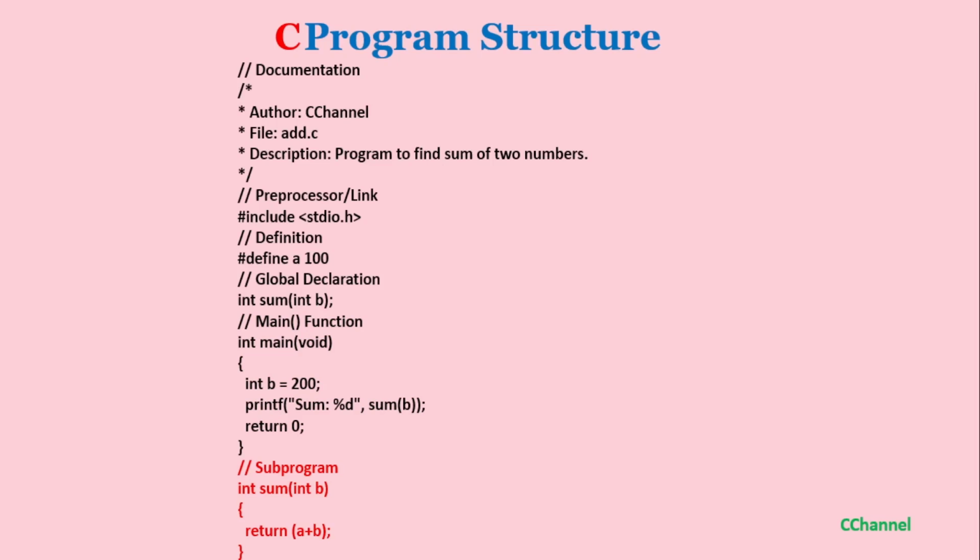Here our subprogram returns a plus b. A means whenever a is used in the program, it replaces with 100. 100 plus 200, it returns 300, and control returns to the main function and prints the 300. After printing that, the program will be terminated.